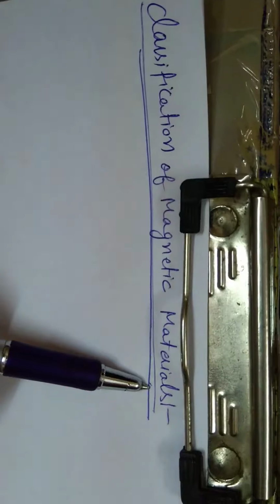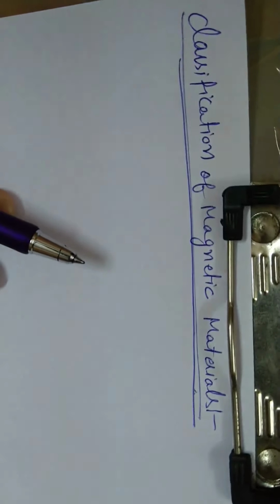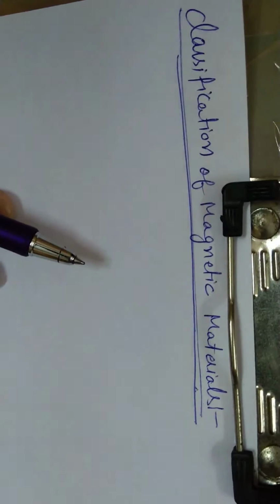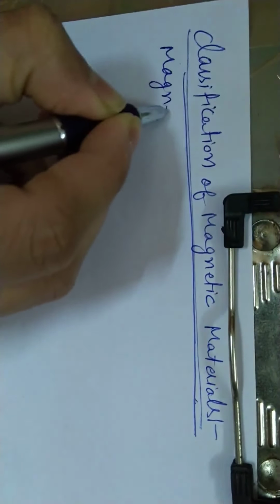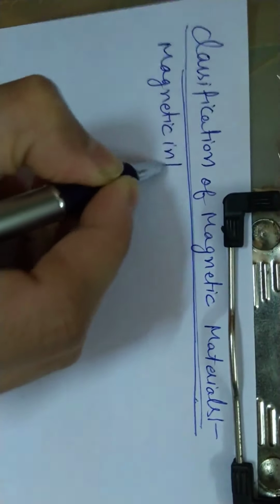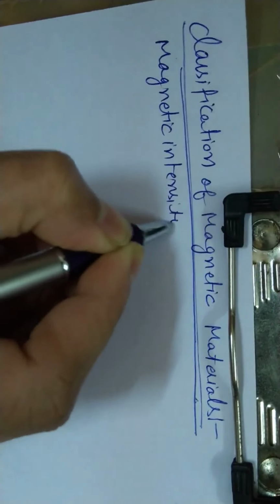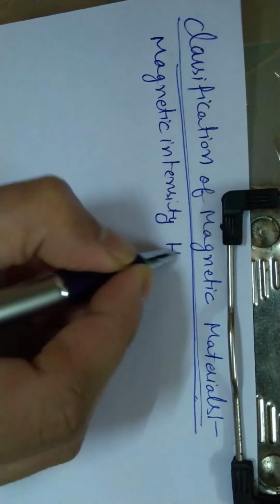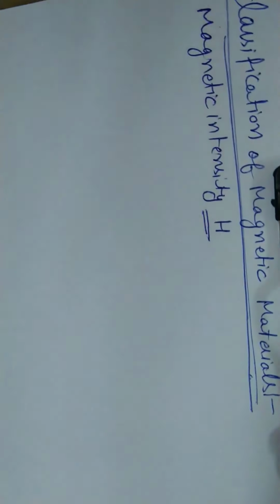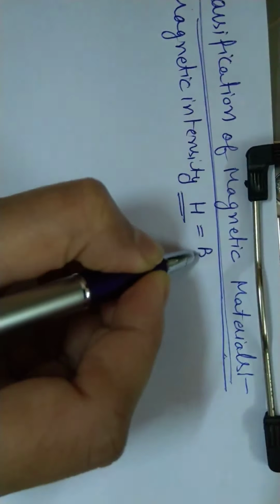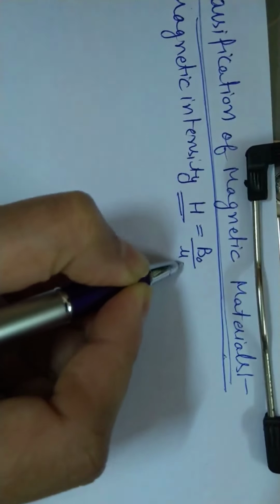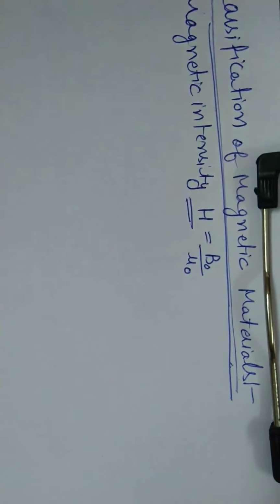Okay. The next topic is classification of magnetic materials. For this classification, we have the following terms. The first term is magnetic intensity, H. The field that we have to apply for magnetism is called magnetic intensity, and it is the ratio of B naught upon mu naught.